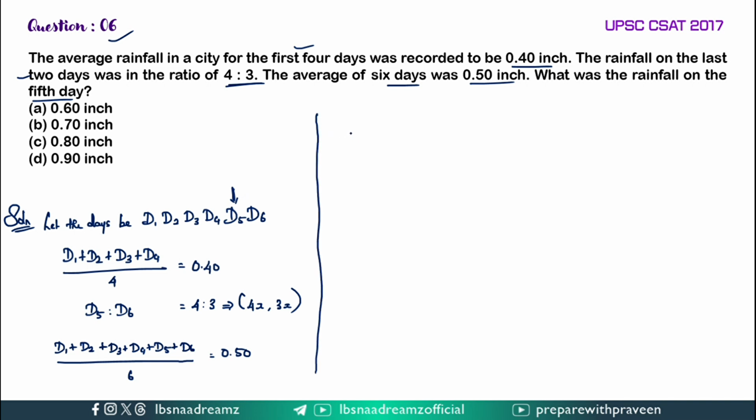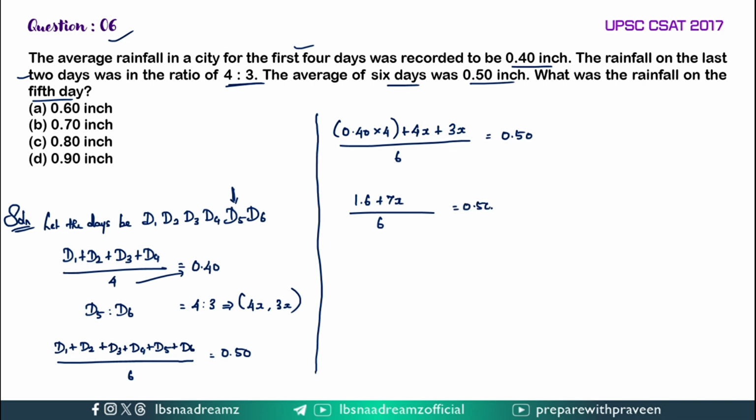So D1 plus D2 plus D3 plus D4 is equal to, let us cross multiply this, 0.40 into 4 plus D5 plus D6, which is 4x plus 3x divided by 6 is equal to 0.50. So 0.40 into 4 is equal to 1.6 plus 4x plus 3x is equal to 7x divided by 6 is equal to 0.50.